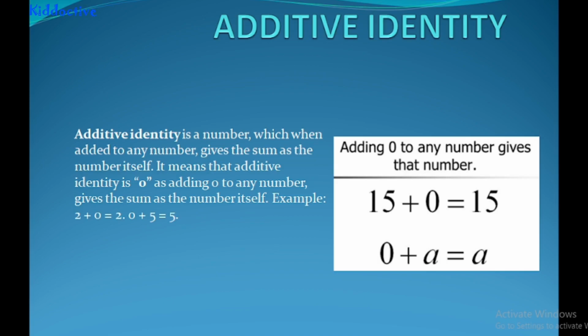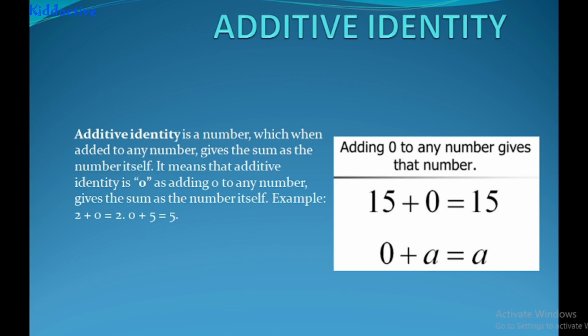Okay, so the first rule of addition is the additive identity rule. What is additive identity? Additive identity is a number which, when added to any number, gives the sum as the number itself. Like adding 0.